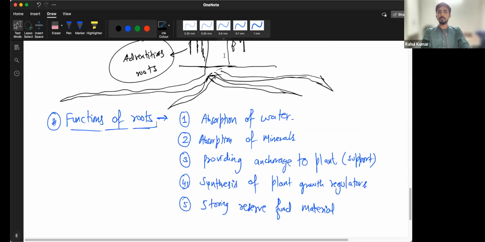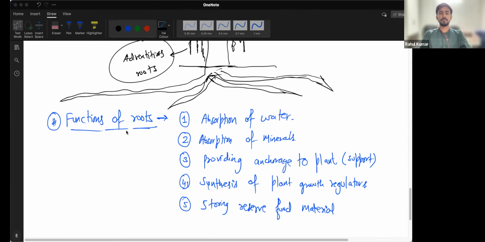Please write it down and let me know when you're done. And after that, open your NCERT. Let me pull out that figure.